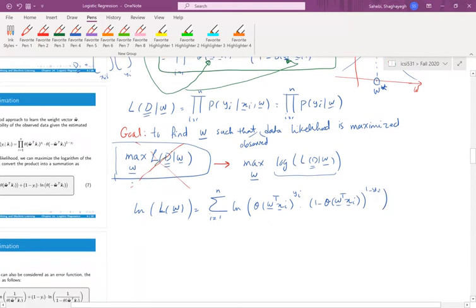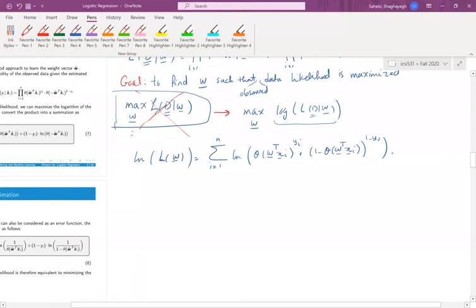Okay, now again, I have the multiplication inside, and if I take ln inside, that is going to be equal to the sum from i equals 1 to n of ln of this first term, theta of W transpose xi to the yi, plus ln of the second term, 1 minus theta of W transpose xi to the 1 minus yi.